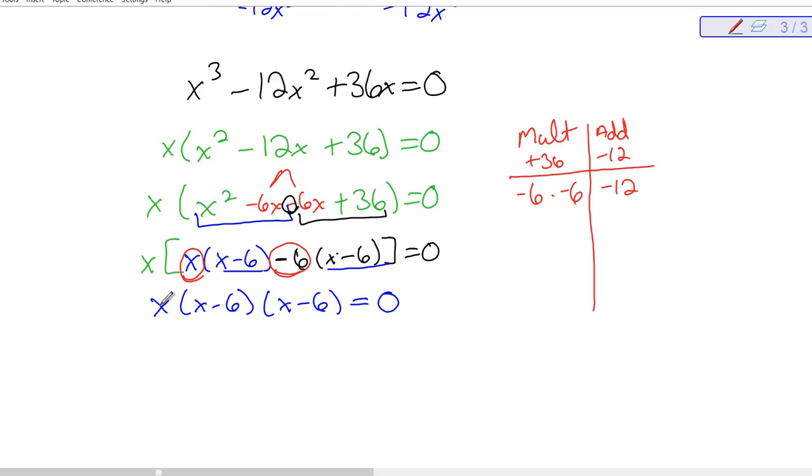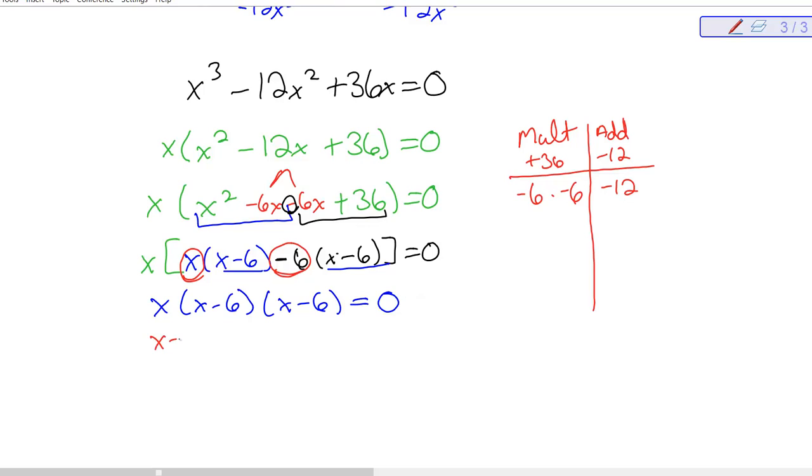Notice how many factors I have. I have 1, 2, 3. If we go back to our very original equation, what was my largest exponent? It was also 3. Whatever your largest exponent is here, that's how many factors you should have in order to solve these quadratic and higher order polynomials.